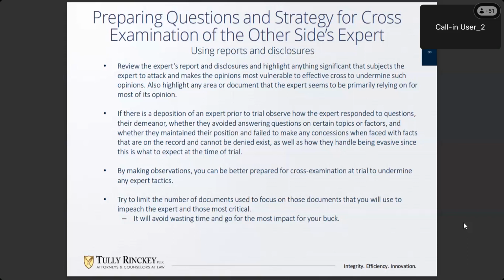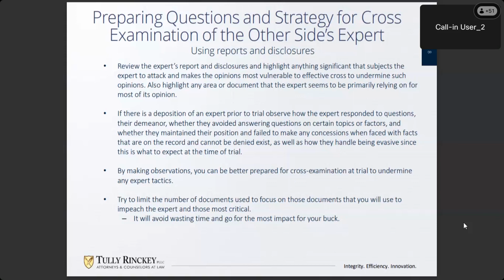If there's a deposition of an expert, and there are in most cases, including under the commercial rules, unless it's the type of case where either side won't have an expert, then prior to trial I really go back to that deposition.